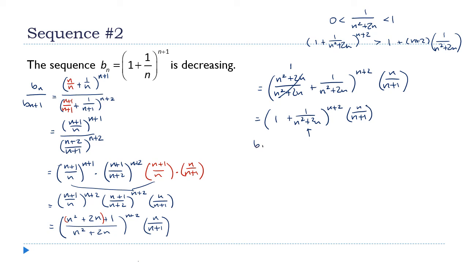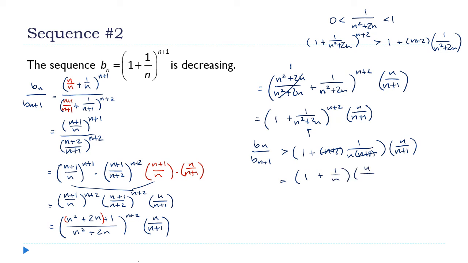This means bn over bn plus 1 is greater than 1 plus n plus 2 times 1 over, I'm going to factor that thing, n times n plus 2, times still n over n plus 1. Look, we get some nice canceling here. So this is 1 plus 1 over n times n over n plus 1.